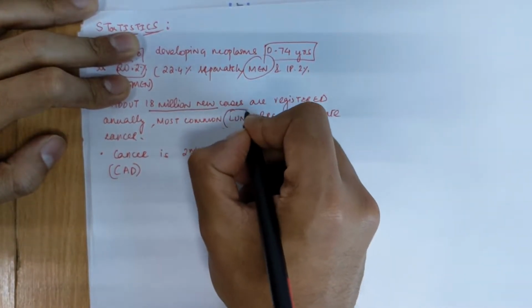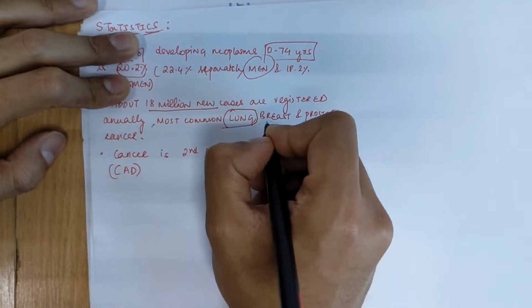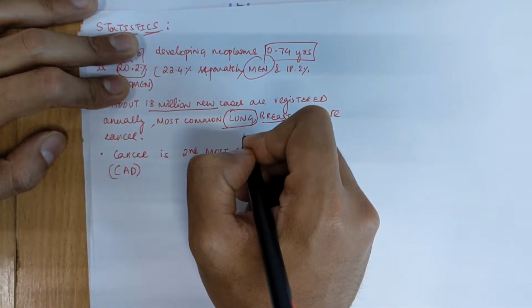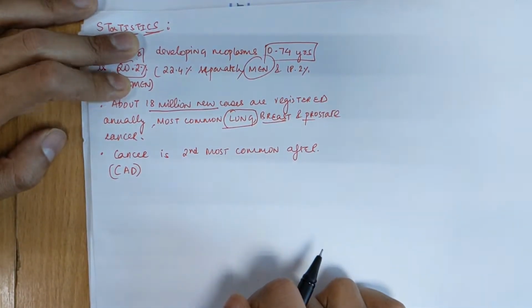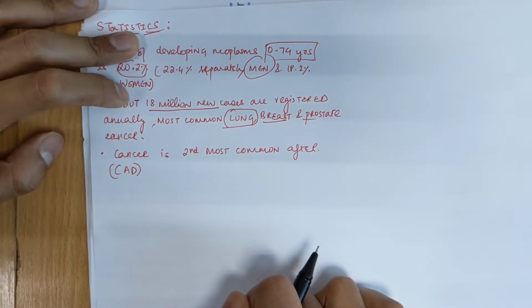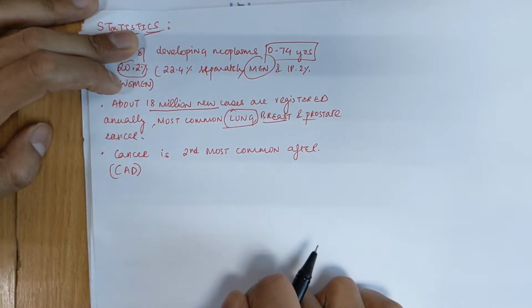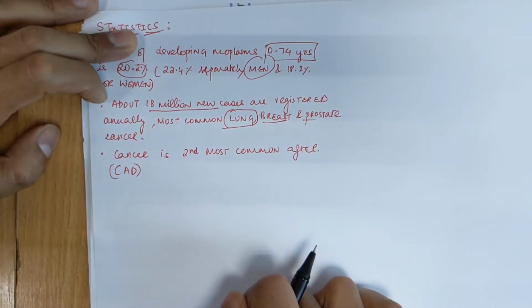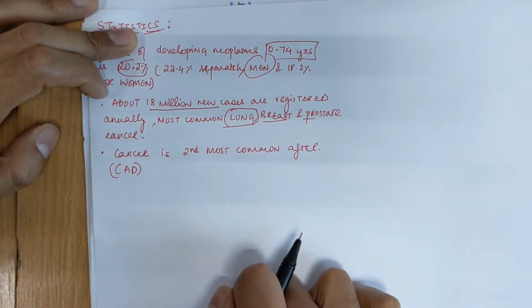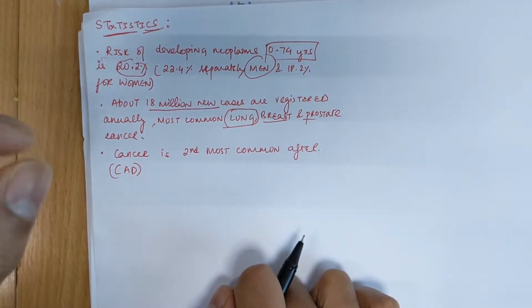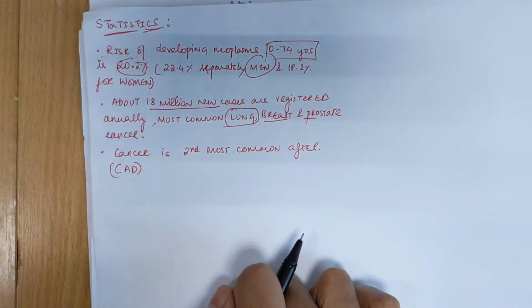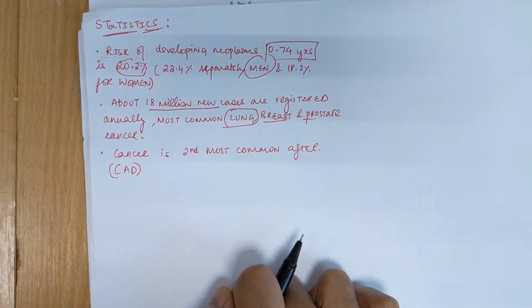Most commonly the affected organs are lungs, breast and prostate. After breast cancer, the second most common cancer in men is prostate cancer. So they are more prone, and we see 18 million new cases every year with these pathologies. Cancer is the second most common pathology or disease in the human population after coronary artery disease.